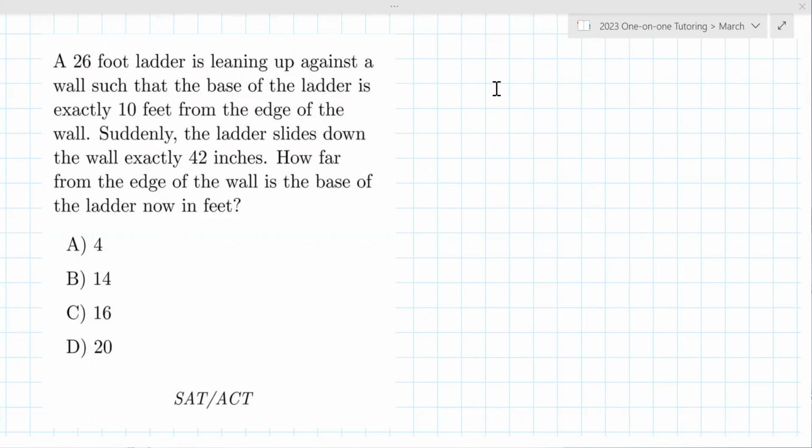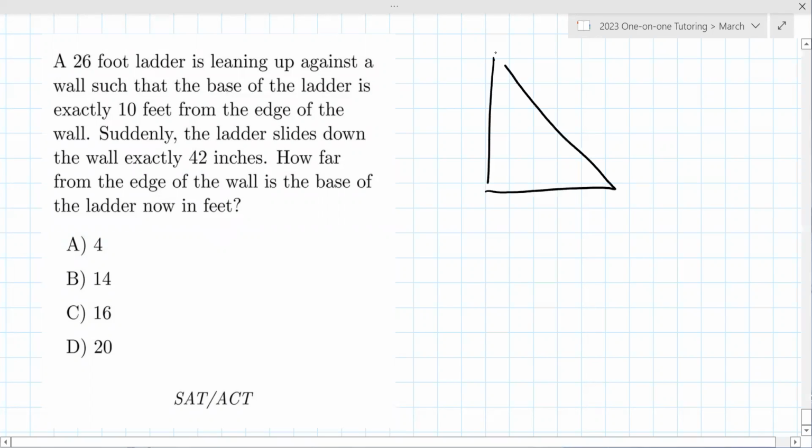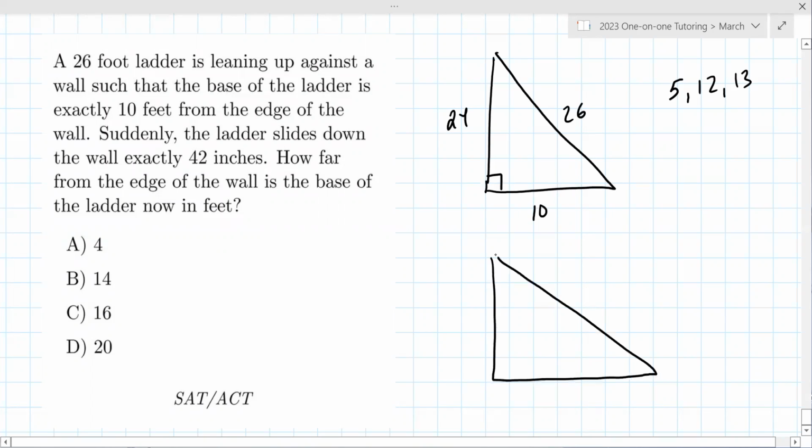So let me just work this out here. Like you said, 10, 26, 24. It's actually a 5, 12, 13 triangle. So the new triangle though is that the ladder shifts down, but the hypotenuse is still 26, and this is now 20.5, and you're trying to find W or L. All right.